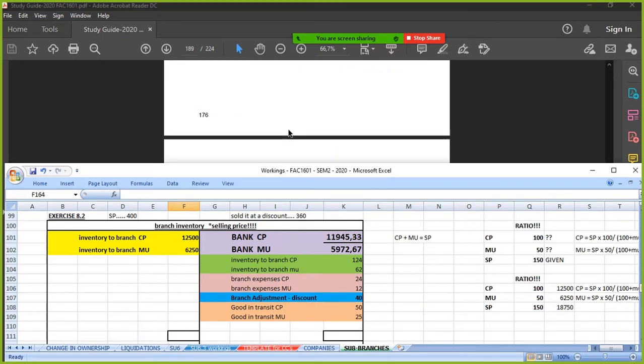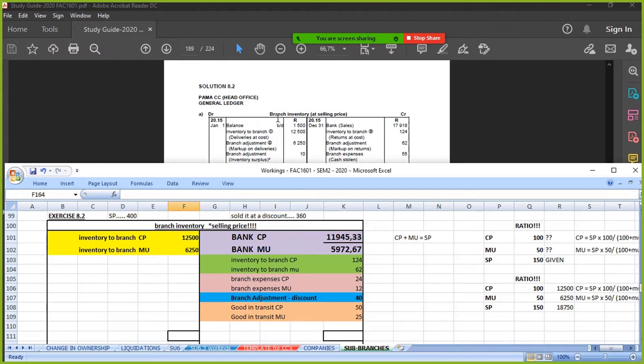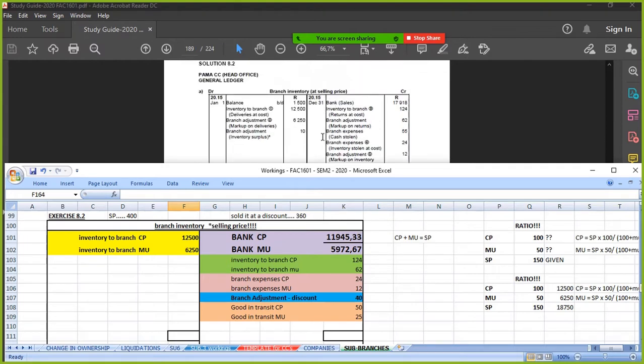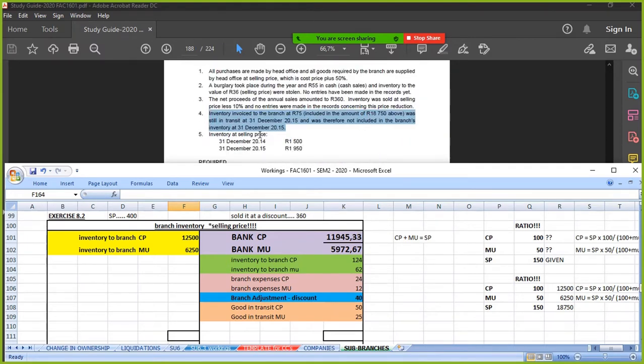Okay, I mean, we can check it quickly and see. Here, branch inventory, yeah, it is there. See? 1,500. What else do they have? Here, closing, 1950, yeah. Okay, so if I confirm it with the answer, they do want you to consider this as branch inventory. I would have liked to have seen the word branch inventory there or inventory at the branch. That would be a bit more specific, but it's fine. Okay, we now know from question 1 that they're doing that.